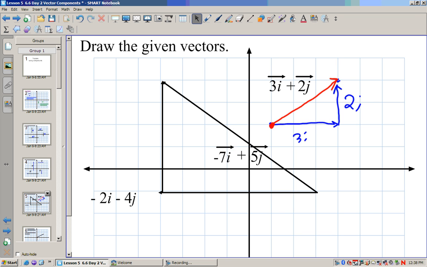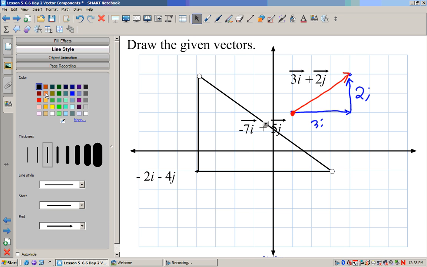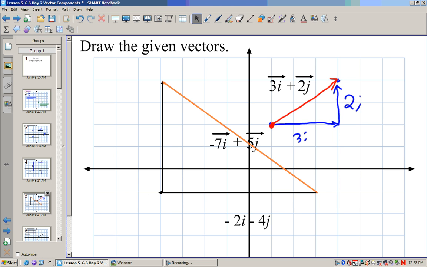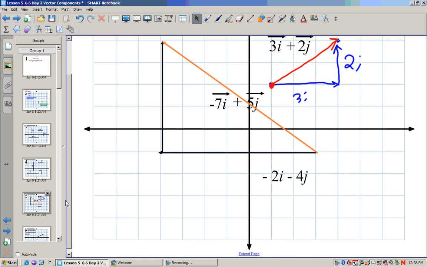And the only thing of interest, maybe I could even color it, just so we know that that orange vector is the only one that this represents. This bottom represents the negative 7I, that represents the 5J. Negative 7I plus 5J is the orange vector. Alright, so hopefully you guys are getting the hang of this.